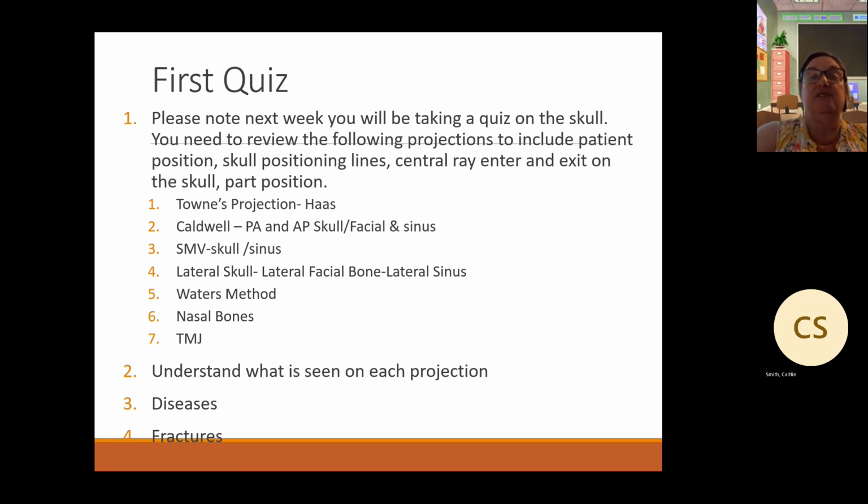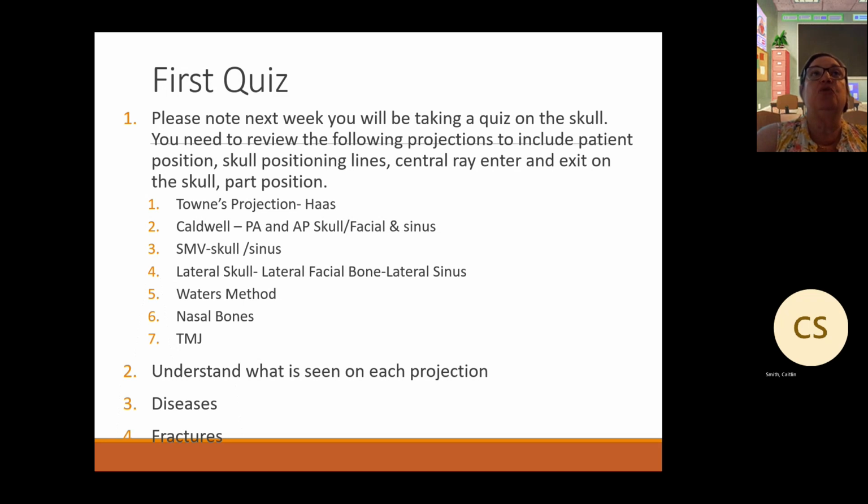Hopefully next week you're taking this quiz on the skull. You need to review the following projections to include how the patient is positioned, the skull positioning line used, where does the central ray enter and exit on the skull? And those are the Townes projection, the Haas, the Caldwell, PA, the AP skull.